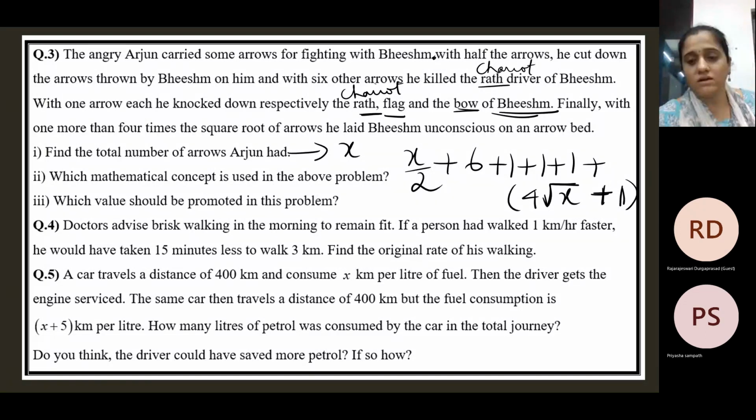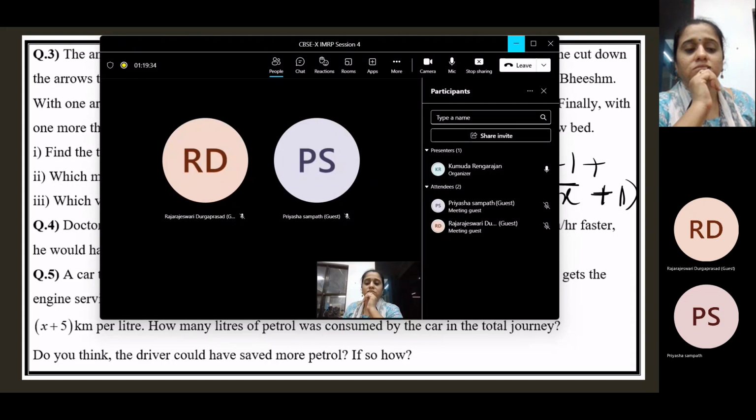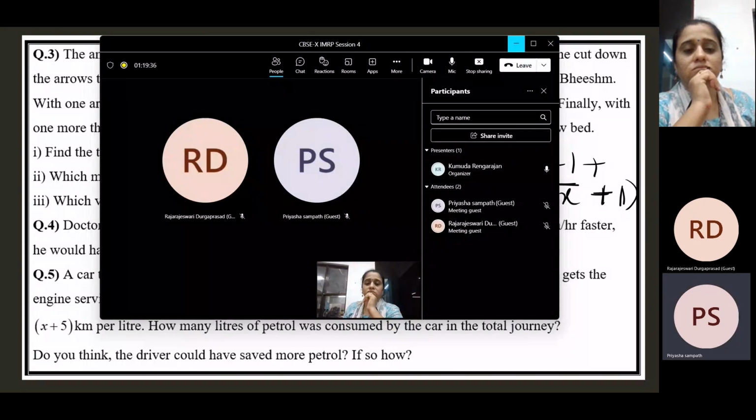I want to hear from both of you, Rajeshwari and Priyasha. What about the fifth one? Working on it? Rajeshwari, Priyasha. Ma'am, I'm yet to complete it.